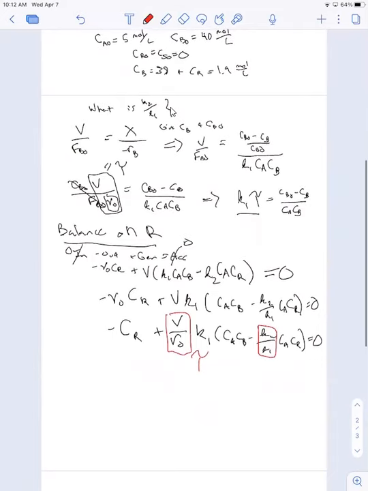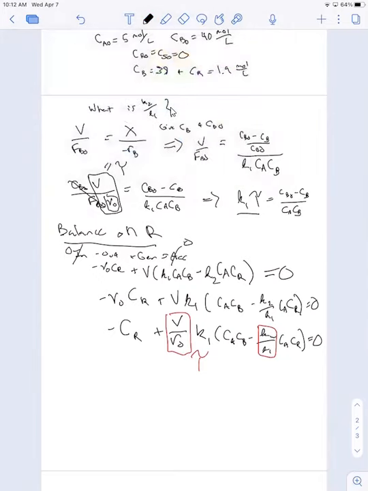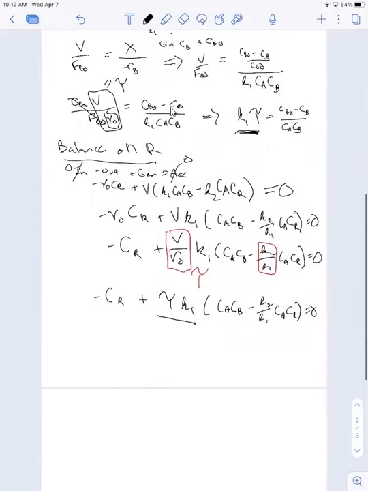So this simplifies to negative CR plus tau K1 CA CB minus K2 CA CR equals 0. And this tau K1 we have calculated a value for from the balance on B. So we can plug that in.